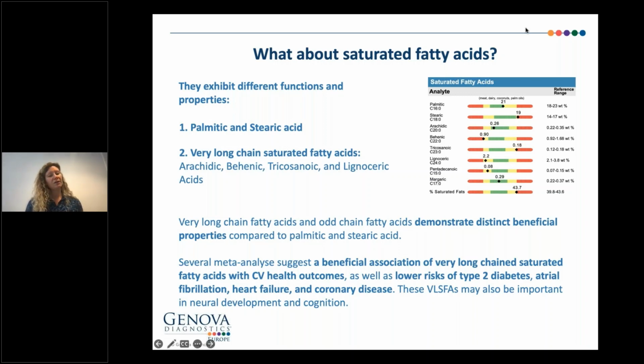These very long saturated fatty acids may also be important in neurodevelopment and cognition. Now, very long chain fatty acids are mainly found in food sources like nuts, seeds, and pulses, so they're not found often in dairy and animal protein.